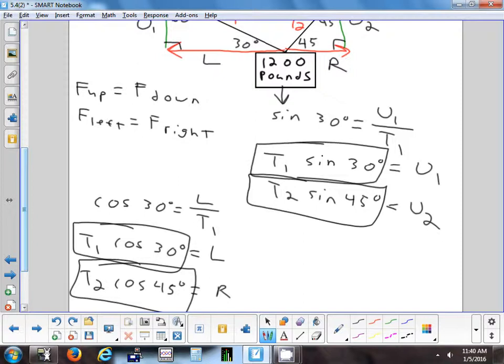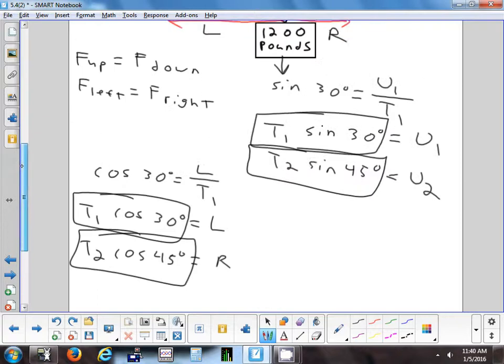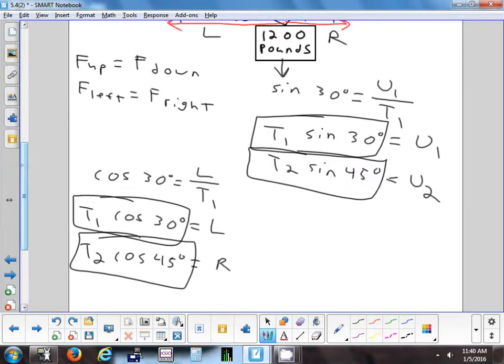All right, so as far as the trig part, there's no more trig involved in this. Now it's just figuring out how to balance and set this up. So we've got force up equals force down. Force up is U1 and U2. We're going to add those together because they're both pulling up. They're working together.